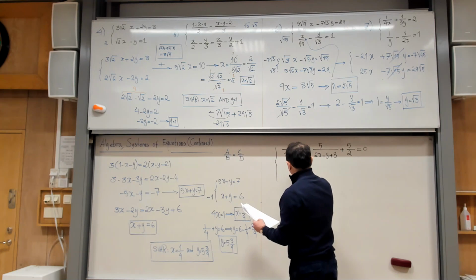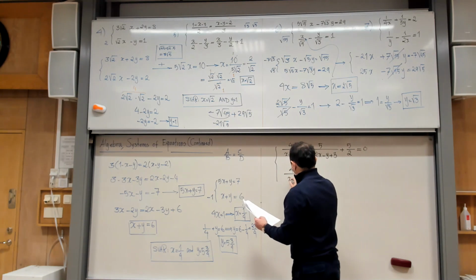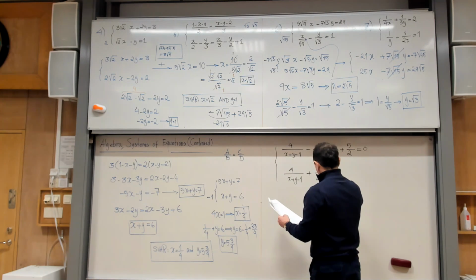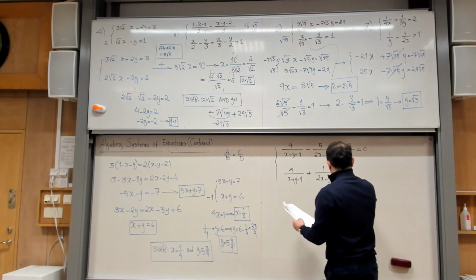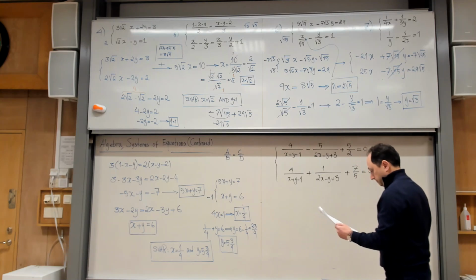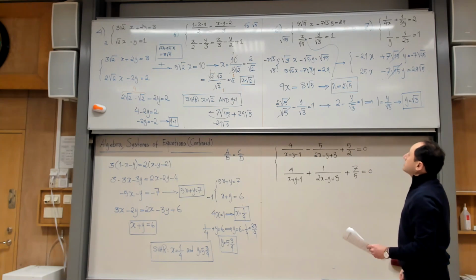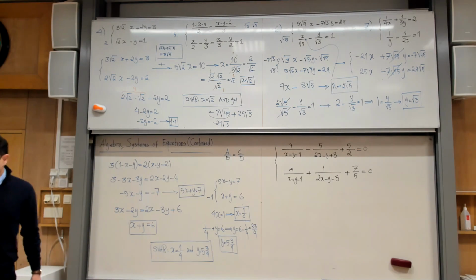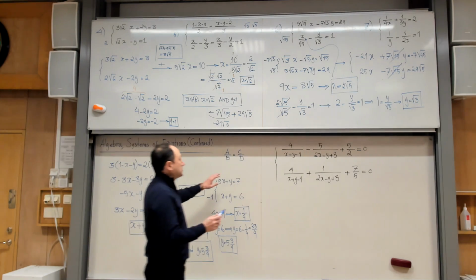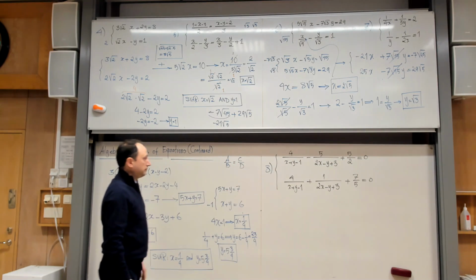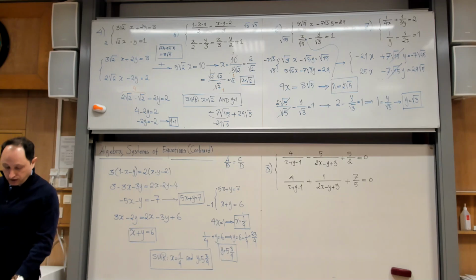And then I have 4 over x plus y minus 1 plus 1 over 2x minus y plus 3 plus 7 over 5 also equals to 0. So this is number 8. And yes, if you have already done number 7, don't waste the time. Work here as well.